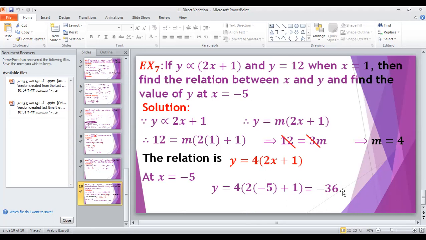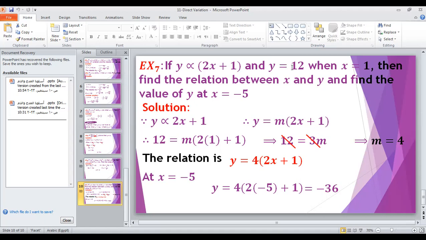Then, the important step here, write the brackets. Since y varies directly as 2x plus 1, put it in brackets. Then y equals, cancel the sign and put equals m times this bracket.